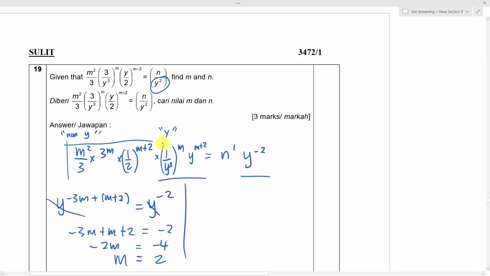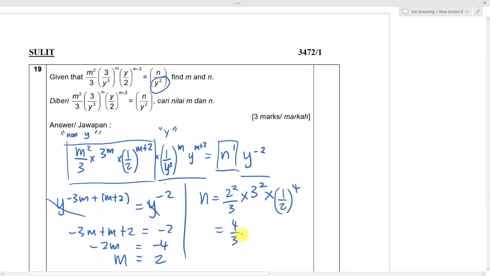Then I will focus on the non-y, which is n. So n equals, m is 2, right? 2 squared over 3 multiply 3 to the power of 2 multiply 1 over 2 to the power of 4. 2 plus 2 is 4, right? This is 4 over 3 multiply 9 multiply 1 over 16.